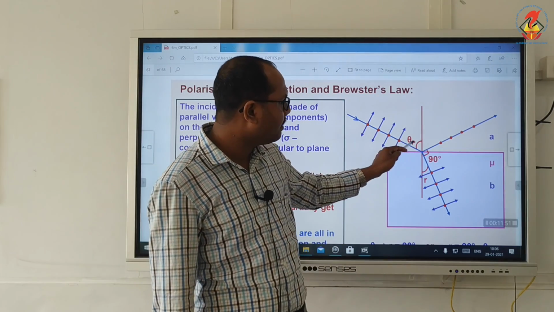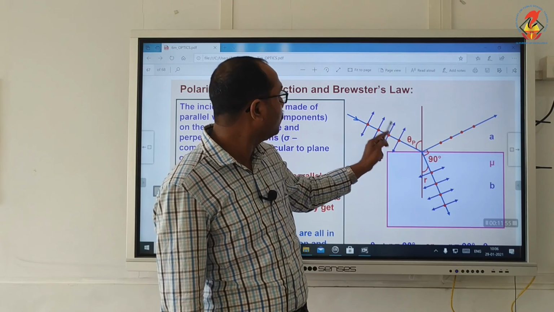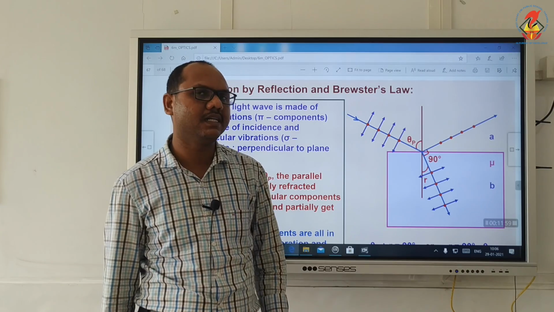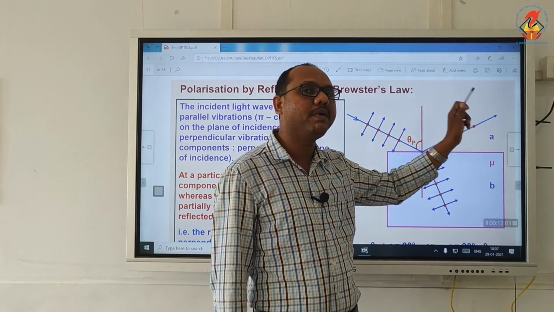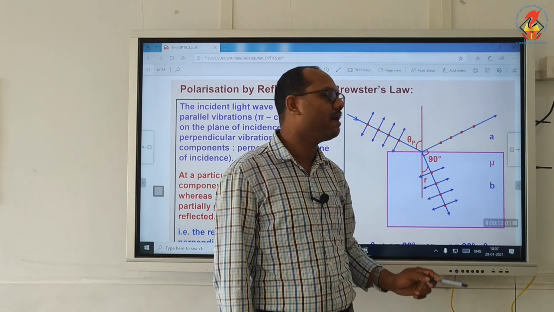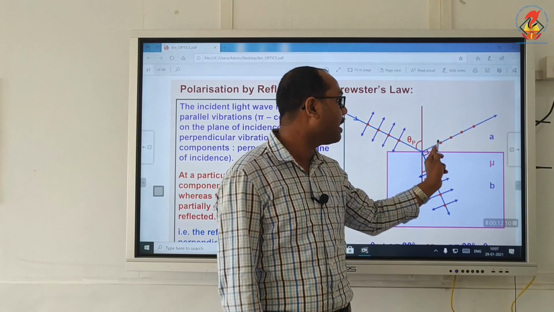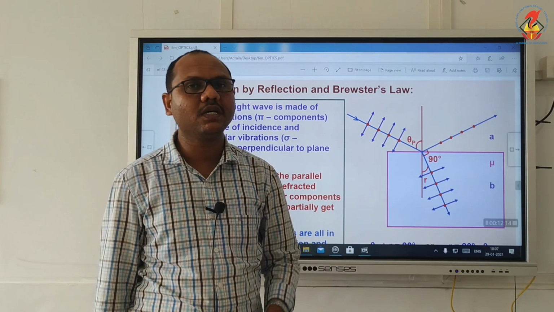When the light is incident at an angle equal to the Brewster's angle or polarizing angle, at that time the reflected light will be completely polarized, having vibrations perpendicular to the plane. That is why I have only put the dotted lines. Vibrations are perpendicular to the plane.